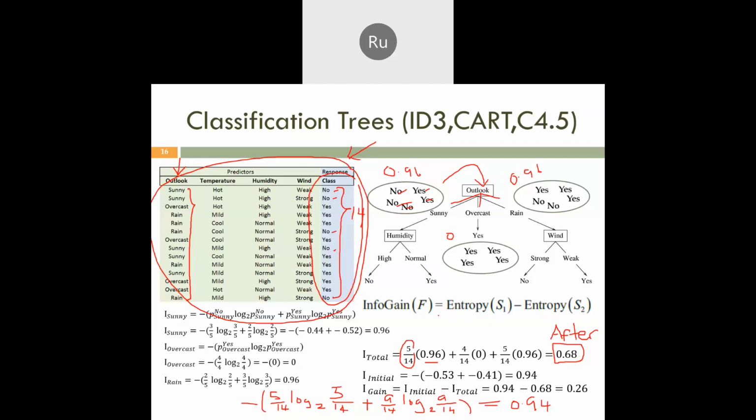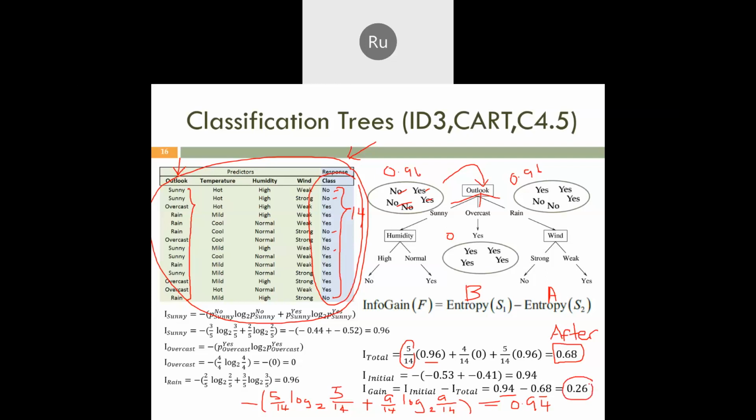So to compute the info gain, we subtract the entropy after split from the entropy before. So your before is 0.94 minus 0.68, so your IG is 0.26.